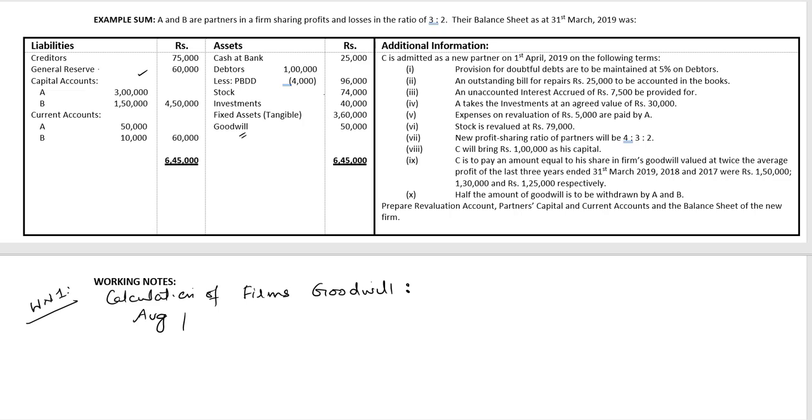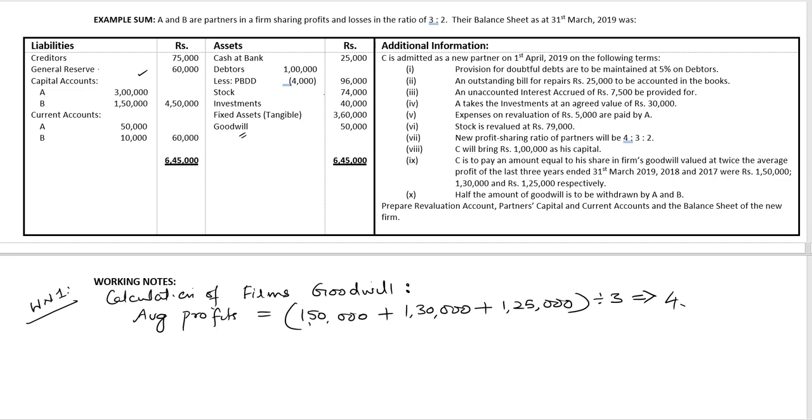Average profits is equal to 1,50,000 rupees plus 1,30,000 rupees plus 1,25,000 rupees divided by 3, simple average, and we get 4,05,000 rupees divided by 3.